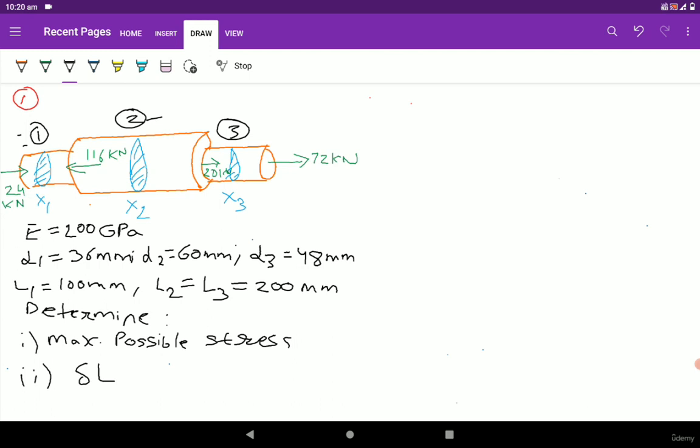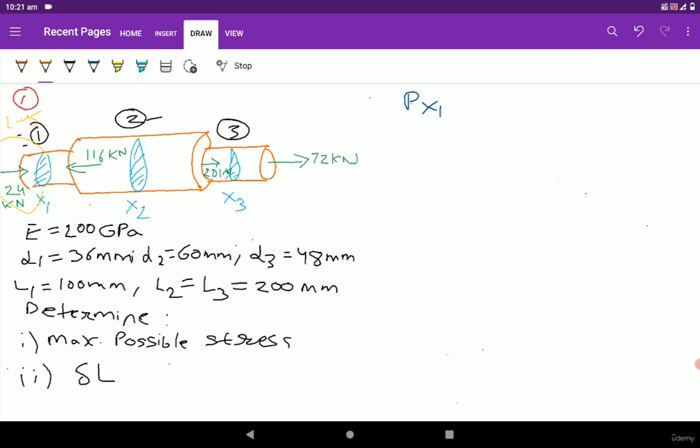So for the section x1, we have to calculate what is the load being subjected at the section x1. We know that for calculating the axial load, we have to calculate the summation of load on either side. It is easy to calculate the load on the left hand side of x1, because only one load is there.